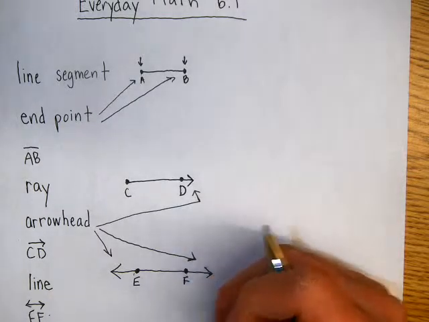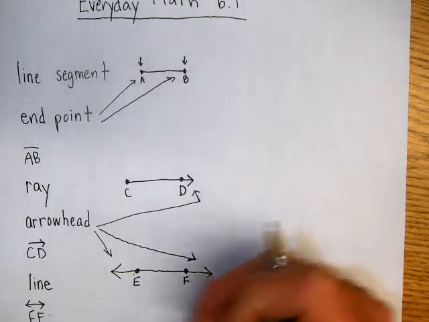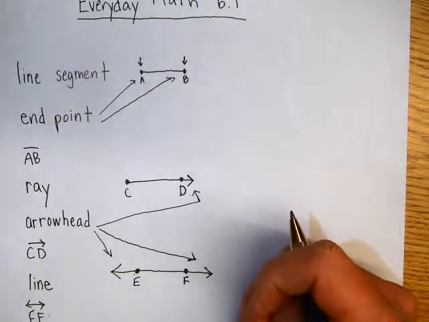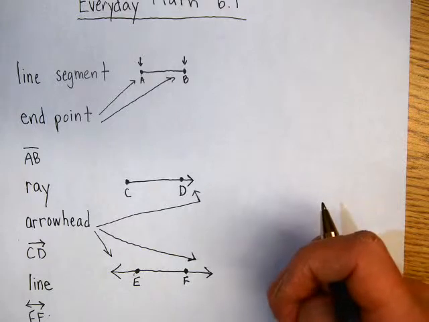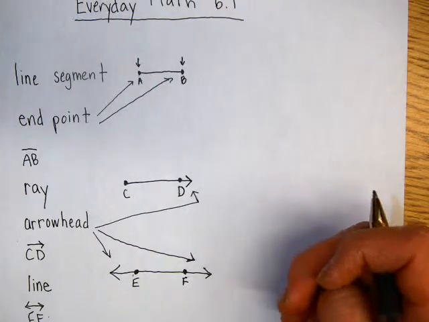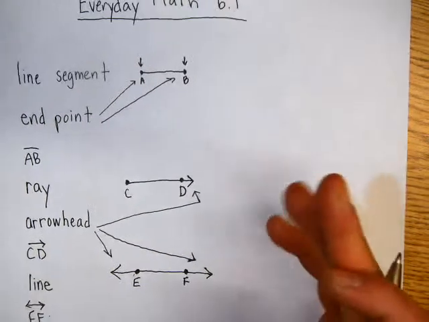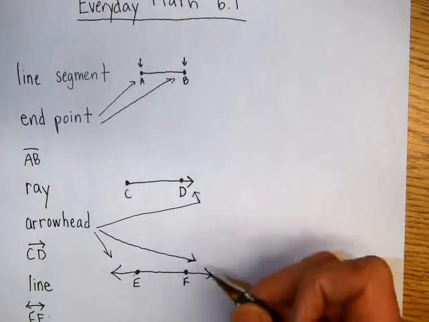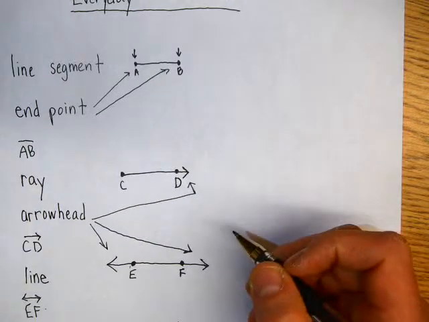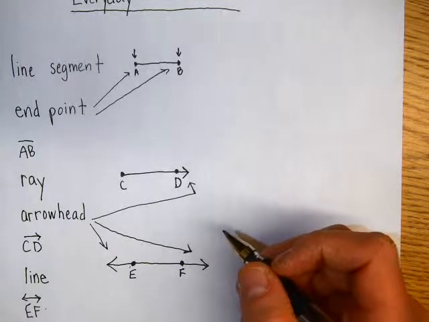For your rays, maybe have kids imagine starting on your steps or starting at your mailbox. If you took a walk and just kept going, what would you see? What would that look like? A ray is a line that keeps going in one direction. So it might just be a good conversation piece to help kiddos get the idea of what it is.